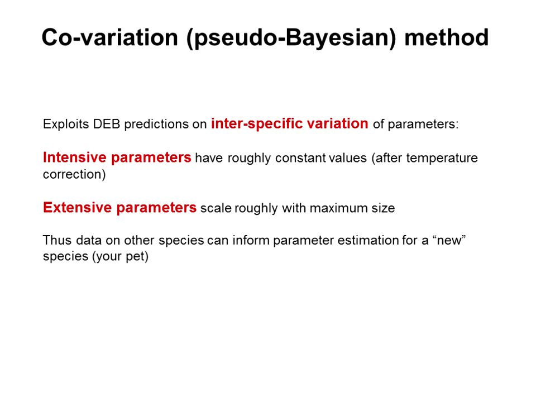There's a second set of DEB parameters that roughly scale with the maximum length or some other measure of size of the organism, and an example of these would be the parameter in the specific assimilation rate.